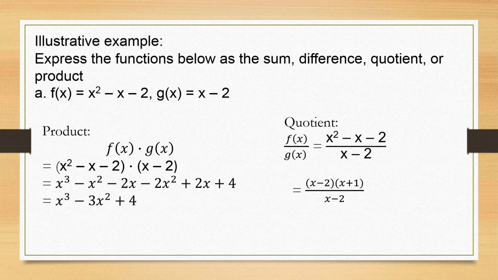In the denominator, we have x minus 2. Since there are common terms in the numerator and denominator, this is the time that we can cancel out those terms that are the same. So we have x minus 2 and x minus 2, which cancel out. Finally, our quotient of f of x and g of x is the remaining one, which is x plus 1.